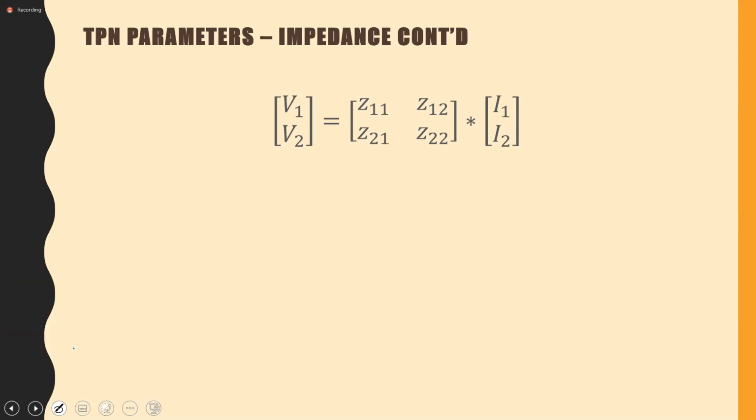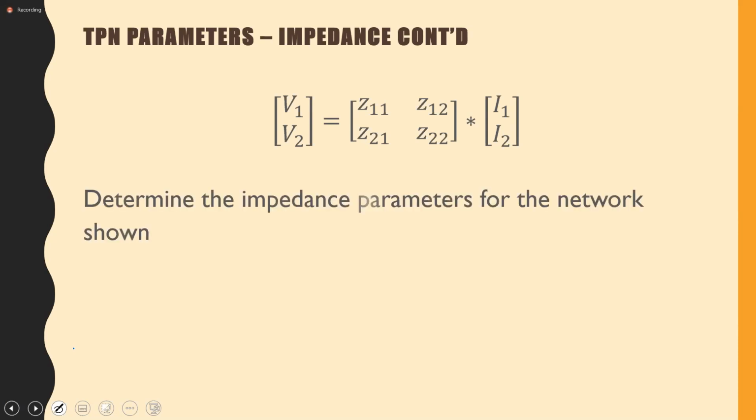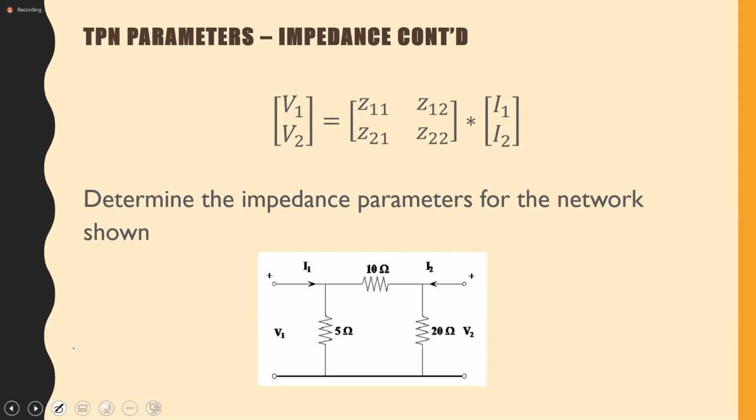So let's go back to the network that we looked at earlier. And what we want to be doing is deriving the impedance parameters. Right? So determine the impedance parameters for the network shown. Same network. All right. In this instance, however, what we want are the impedance parameters.